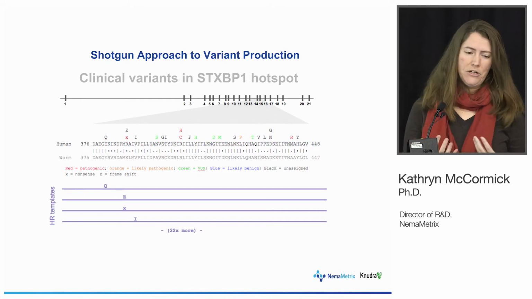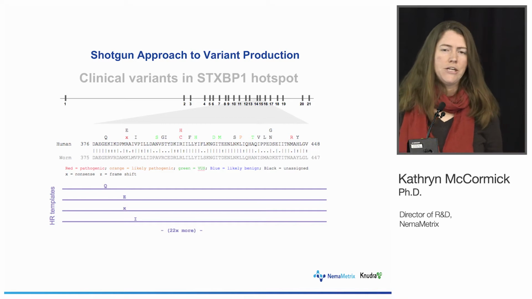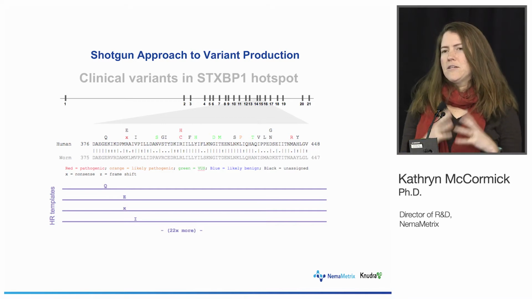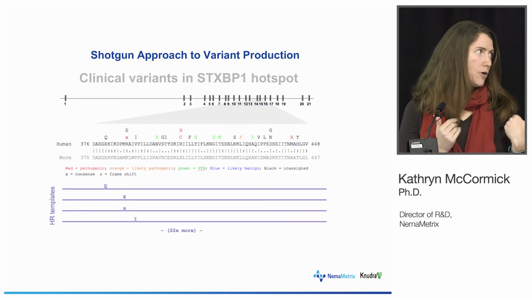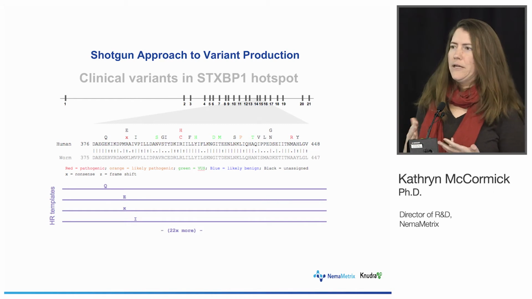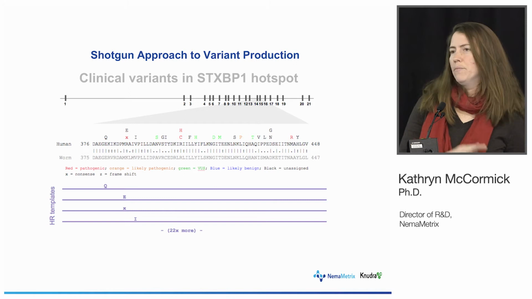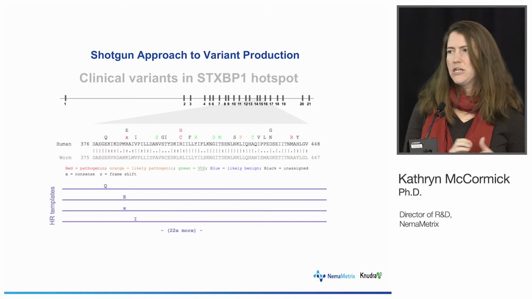And this is another approach that's very efficient for genetic manipulation that we're actually very excited about. So inside particular genes, and we're here showing STXBP1, which is an epilepsy gene, there are hotspots of mutation, and inside these hotspots, lots of different allelic variations occur. And so in a single injection for C. elegans, we can create multiple HR templates that recapitulate the changes to the human genome.